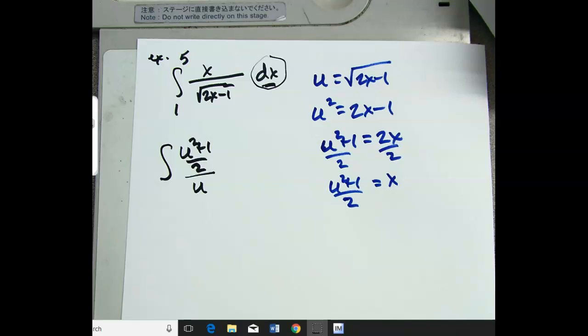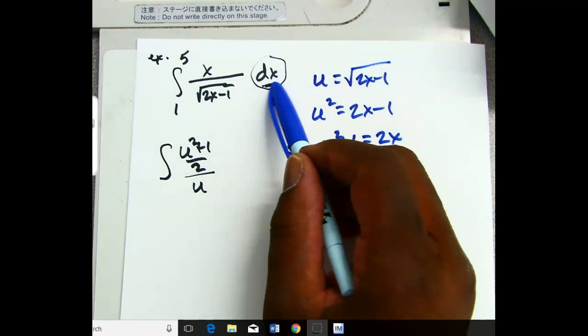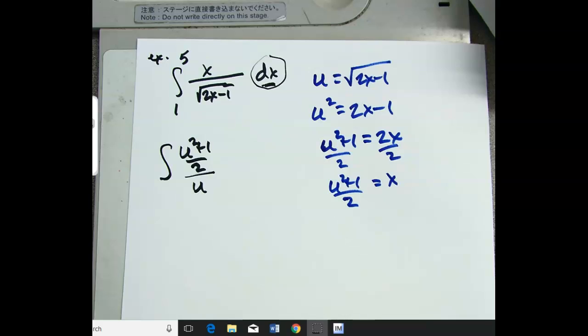You guys got it? I don't hear a conversation. What's dx? Yeah, because we need to rewrite dx in terms of du. I don't know.